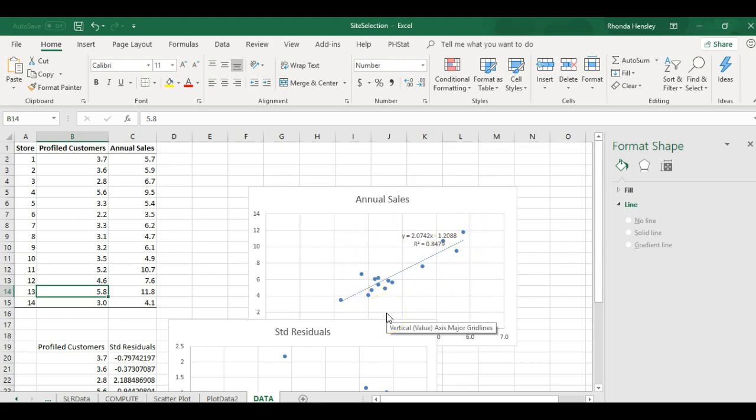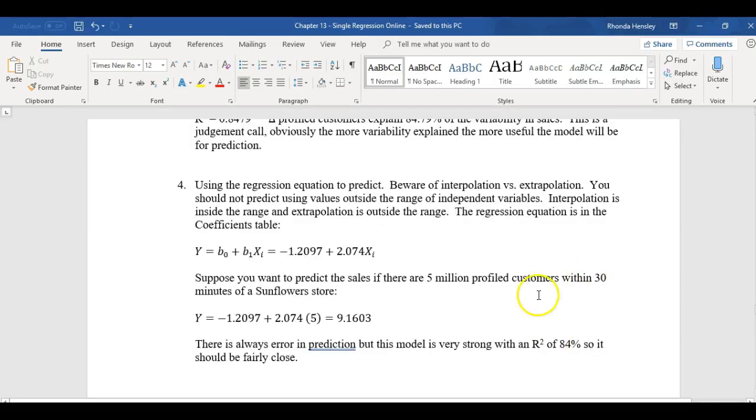The thing is that you do not know what happens to this model once you get over on each end. If I go, say, 6 million, I don't know. Maybe it suddenly becomes curvilinear somehow. I don't know what happens when it's below 2 million. Maybe it's curvilinear somehow. So be safe rather than sorry, and do not make predictions outside that range that you used to build your original model with.